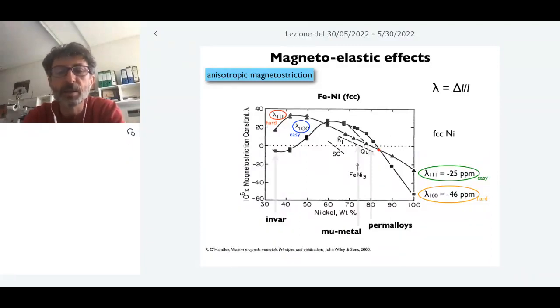And the typical situation where you will have stresses is the deposition of thin films on a substrate. So if you put a magnetic material in contact with a substrate, be sure that you will have enormous stresses imposed by the substrate.